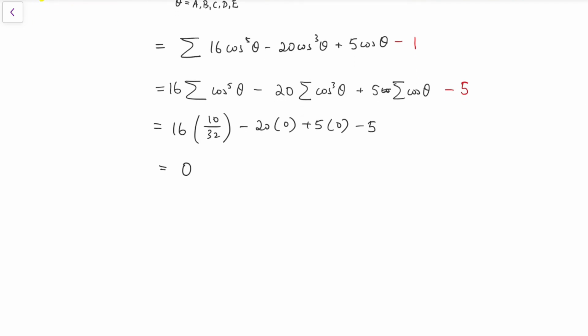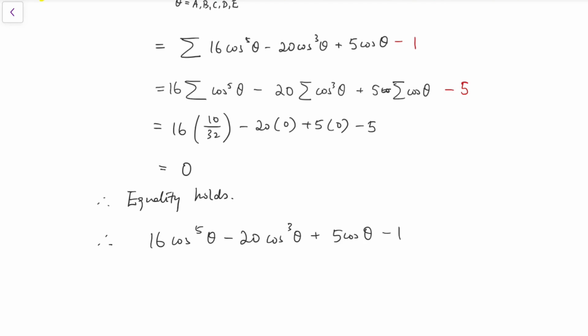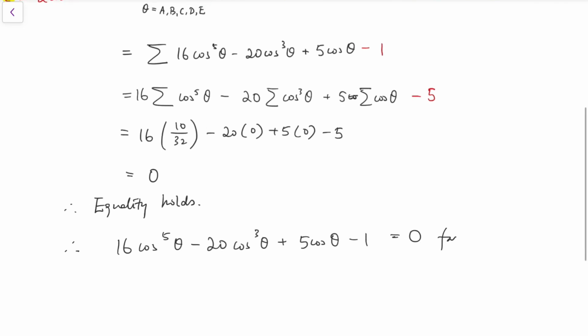And so that means, therefore, 16 cos to the power 5 theta minus 20 cos theta cubed plus 5 cos theta minus 1 is really equal to 0 for theta equals each of A, B, C, D, and E.